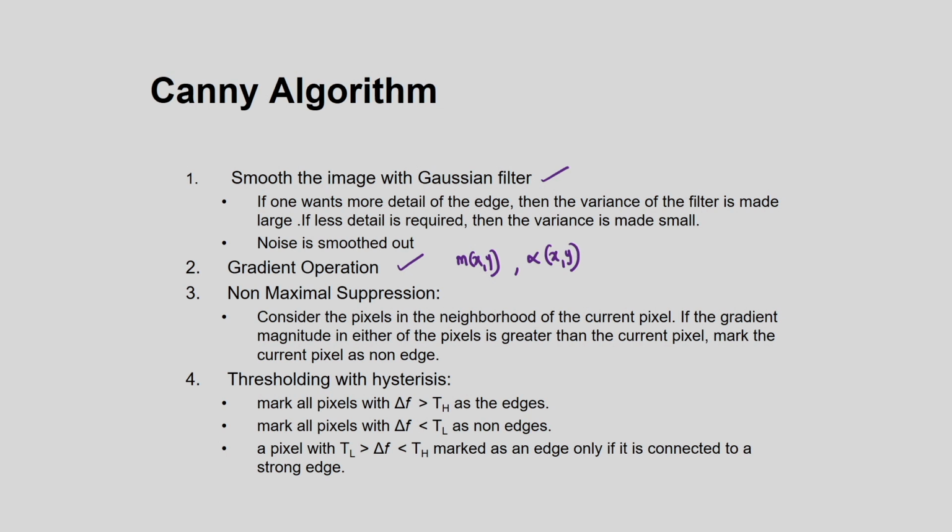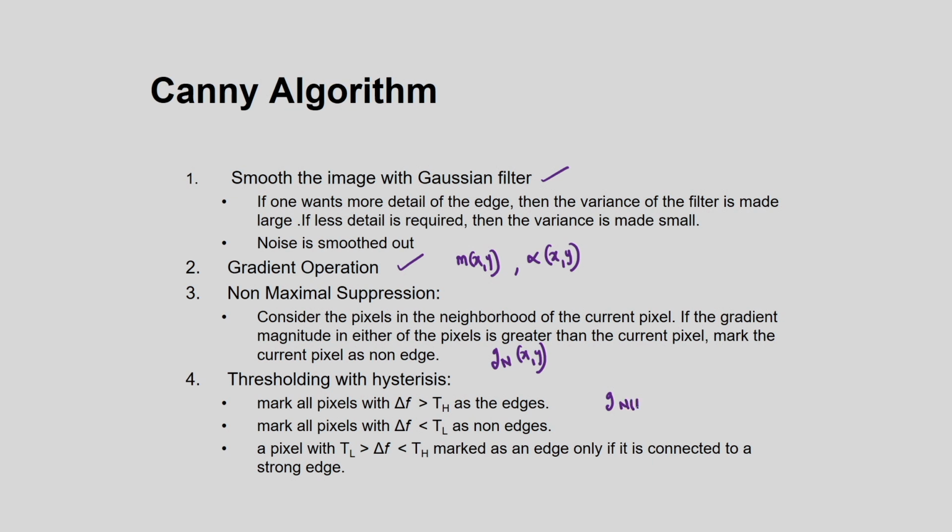After this I have to apply the non-maximum suppression technique, and I will be getting the image G_N(x,y), that is the non-maximum suppressed image. This procedure I have already explained. For this I have to compare the neighborhood pixels. Finally, I have to consider two thresholds, one low threshold and another high threshold, and based on these I will be getting two images.